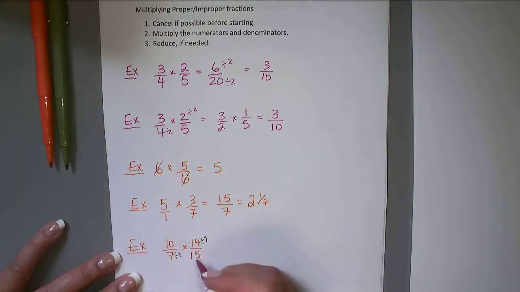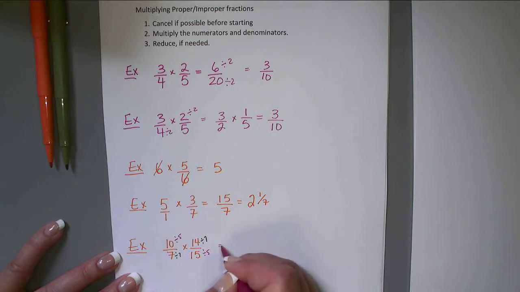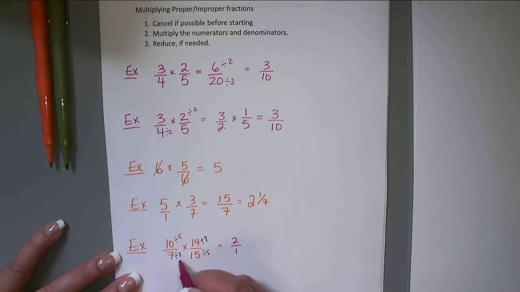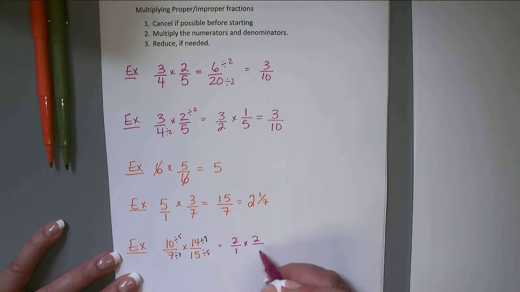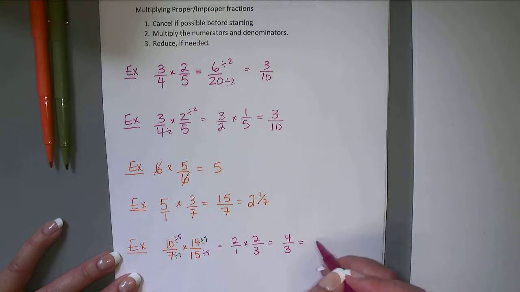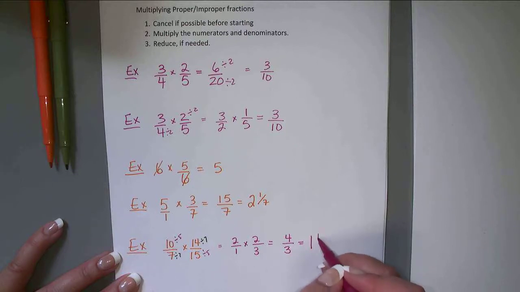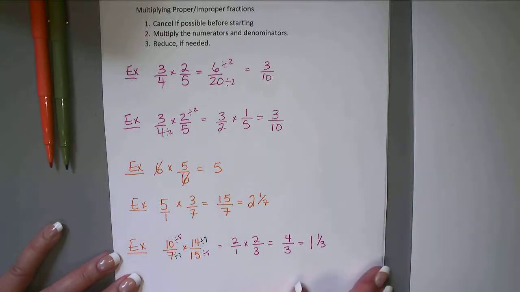And then the 10 and the 15, I can divide both of these by 5. So what I end up with is 2 over 1, 7 divided by 7, times 2 over 15 divided by 5 is 3. Multiply across the top and the bottom. And then 3 goes into 4, 1, with 1/3 left.